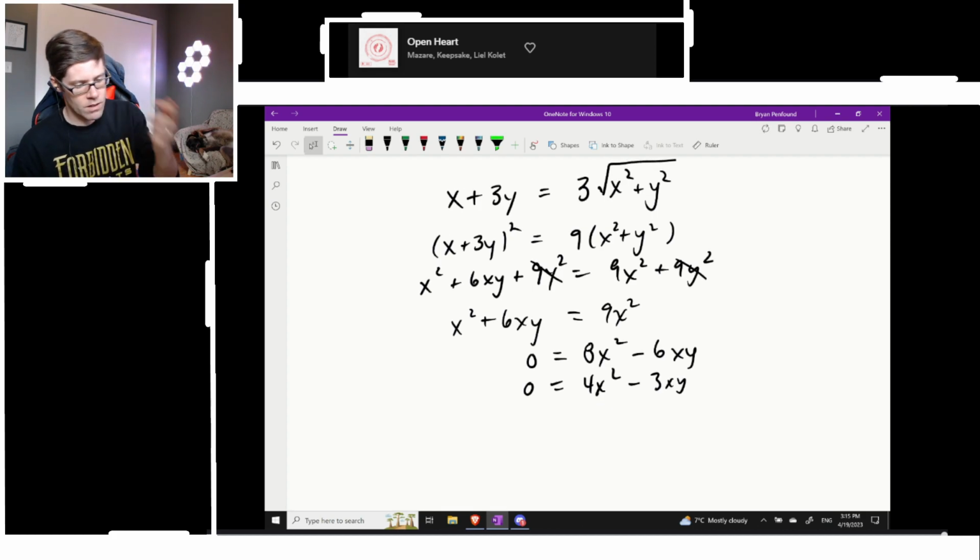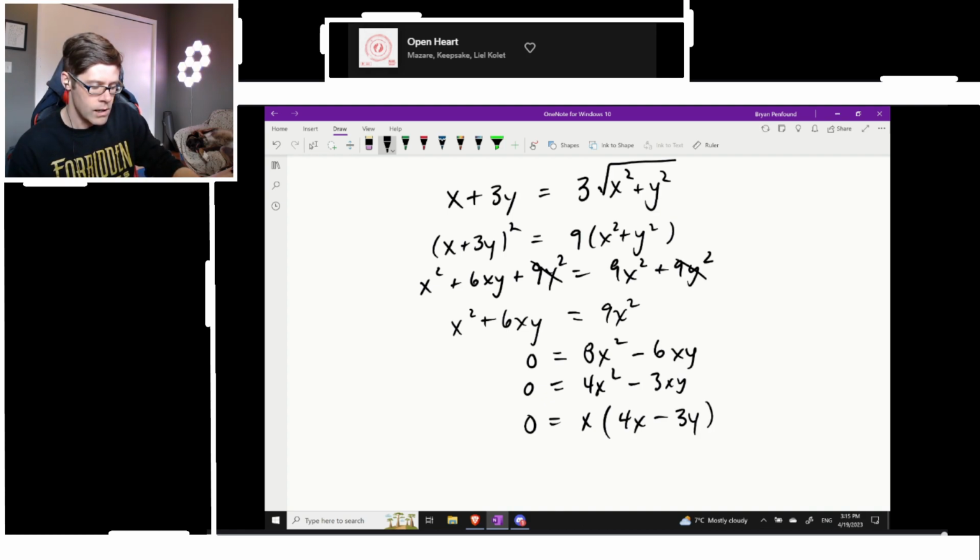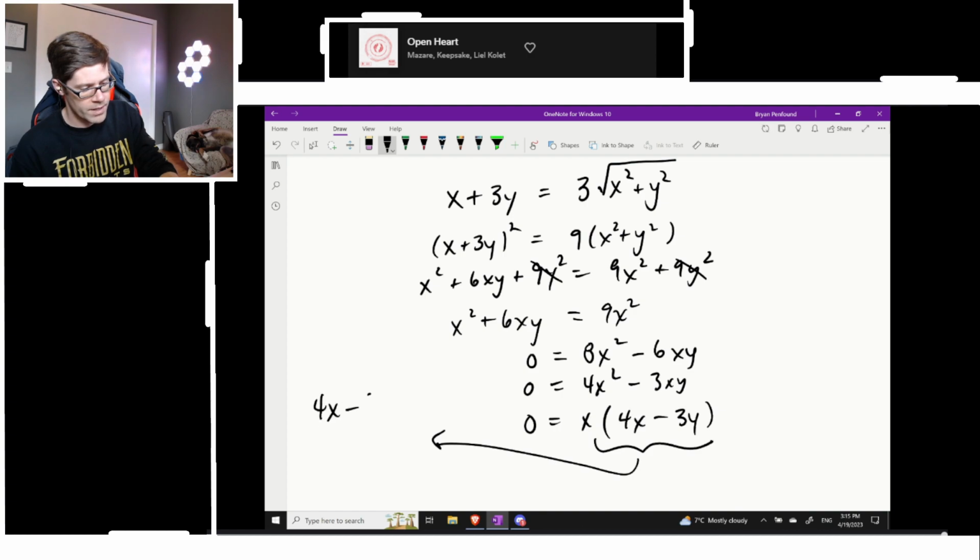And we know that x is not 0, so I guess we could technically divide by x, but let's factor it out. So 4x minus 3y. Huh. That's going to be the relationship we're looking for right here. We need 4x minus 3y to be 0 in order for our algebra to work out properly.